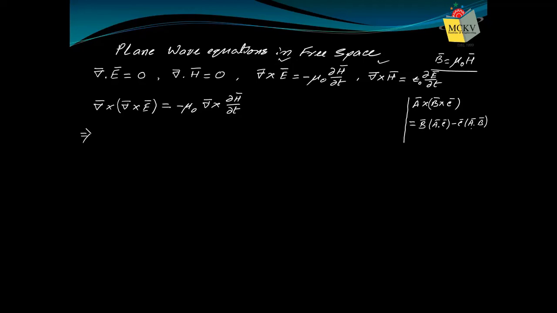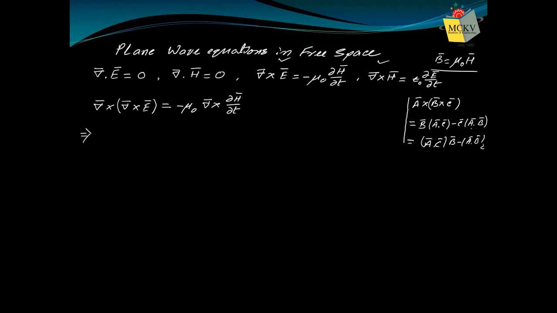So this can also be written as (A dot C)B minus (A dot B)C. That means whether you write a scalar quantity before or after a vector, it doesn't change the result.